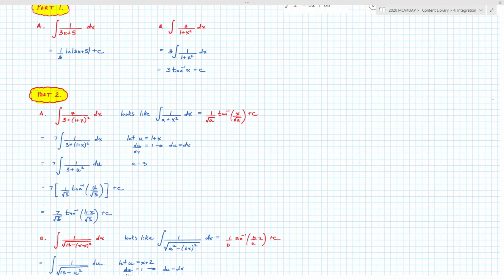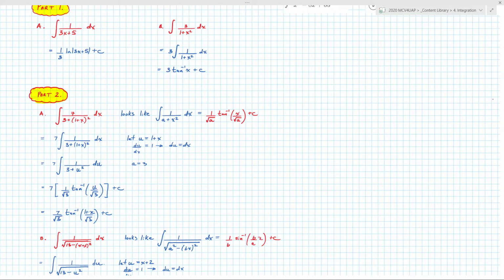So the first one, A, the integral of 7 over 3 plus 1 plus x squared. It's a rational function with a constant in the numerator. Pull the 7 outside the integral sign, and we get 1 over 3 plus 1 plus x squared.